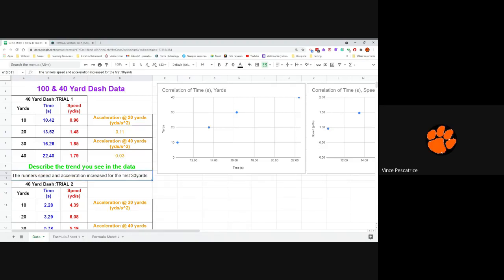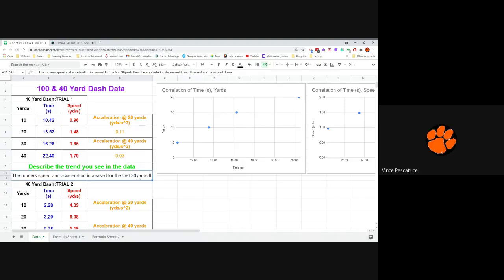All right, so the runner's speed and acceleration increased for the first 30 yards. Then the acceleration decreased, and he slowed down. This would be a good thing to write.